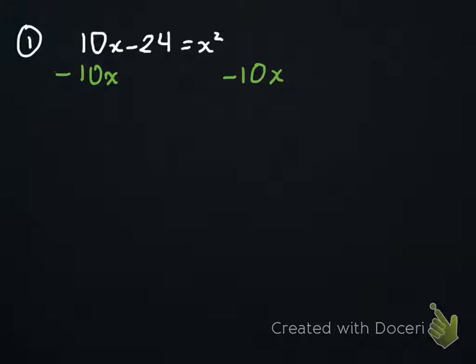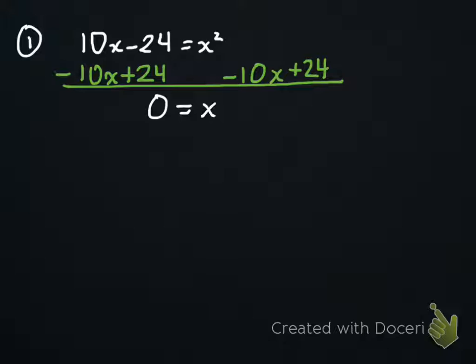The negative 24, and it needs to be moved by adding it to both sides. So that gives us what? x squared minus 10x plus 24. On the left-hand side, everything canceled out, giving us just a 0.